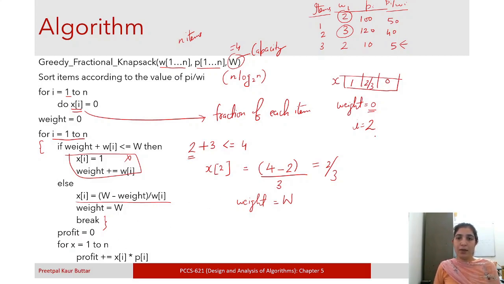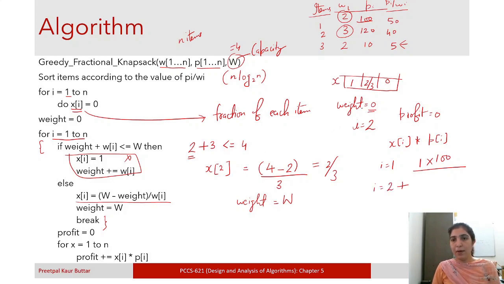For profit there is a simple for loop again. Initially profit is 0, and then for all the items we are simply multiplying the fraction of each item by the profit of that item. Initially i is 1, so x1 is 1, so 1 into p1, that is 100, plus, then i becomes 2, x2 is 2/3 and p2 is 120.